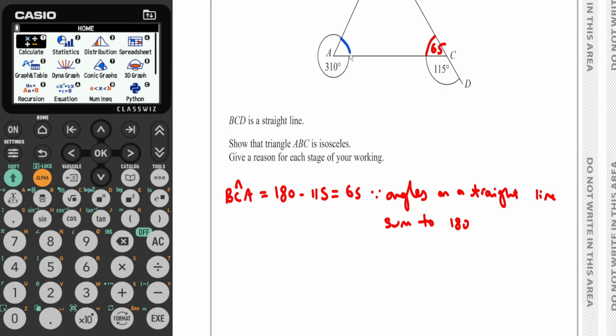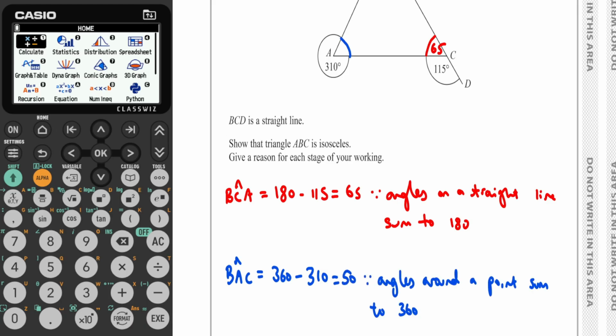We can also find out this angle here, recognizing that angles around a point sum to 360. So the angle BAC will equal 360 take away the 310, which is 50, and that's because angles around a point sum to 360, so this angle here is 50 degrees.